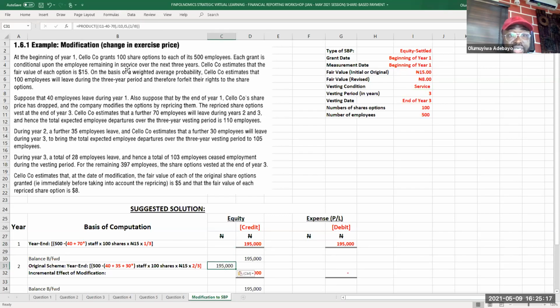I'll bring it here and I'll tell you why. Now I'm removing 35 and another 30. The fair value remains the same at 15, and I'm changing this to 2 years. Now if you have this, this is 395, but there's a statement here. Who can interpret this statement? This last statement here, let me highlight it.